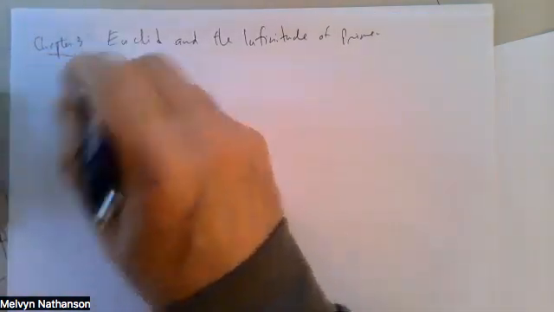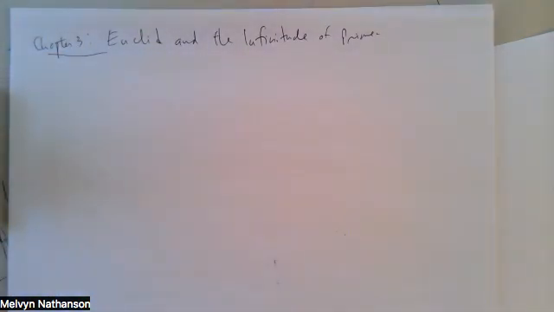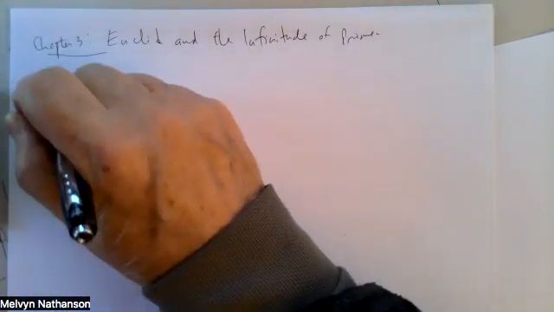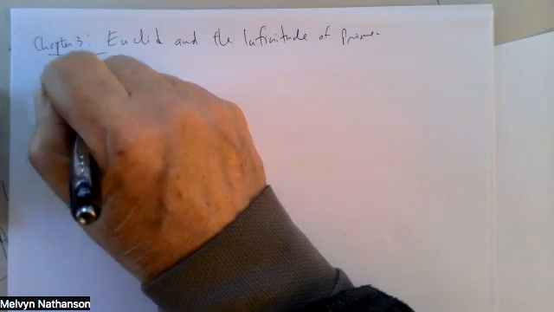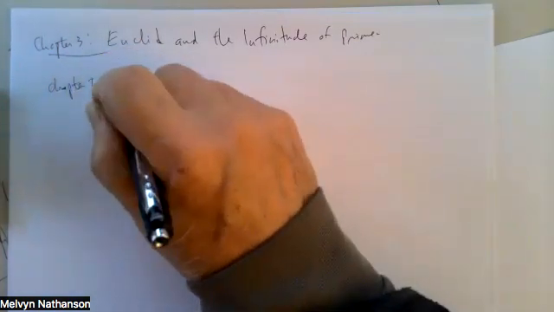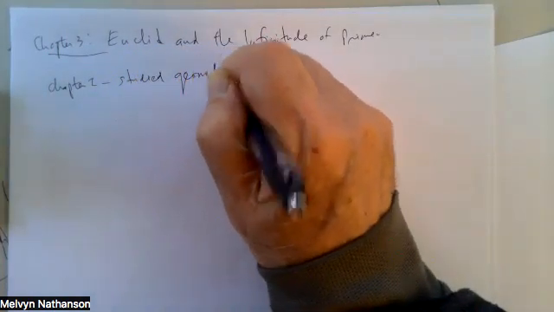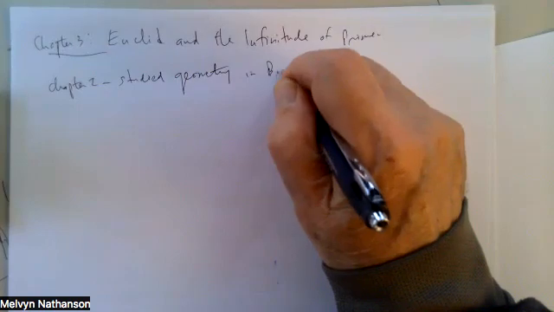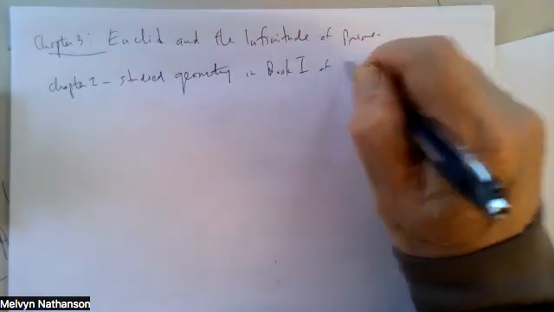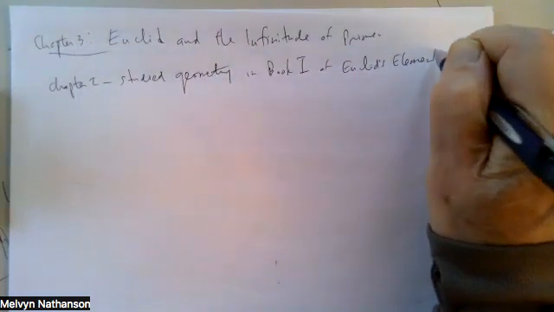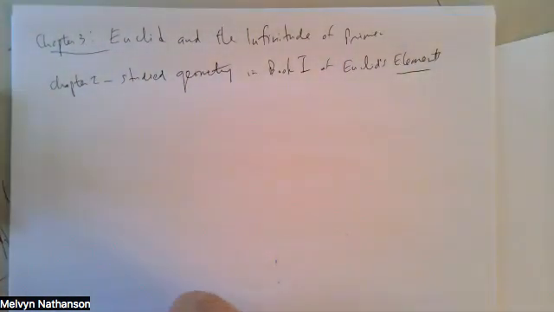It's a very, very good book that we use as our core text. And what we did in chapter 2, we studied some of the geometry in book 1 of Euclid's Elements.